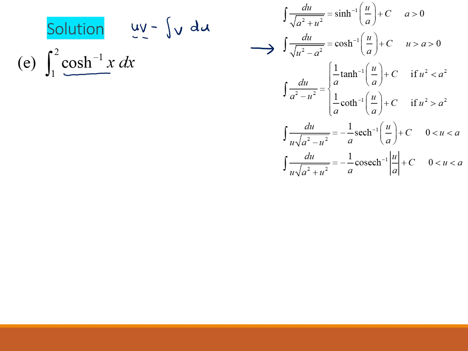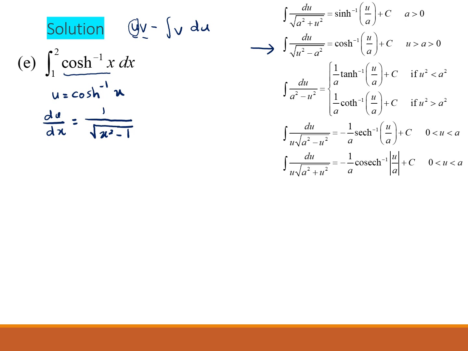For these questions, we have to choose u as the inverse cosh of x, because when you choose u as inverse cosh of x, then you can find du over dx, where the derivative of inverse cosh is 1 over square root of x squared minus 1.